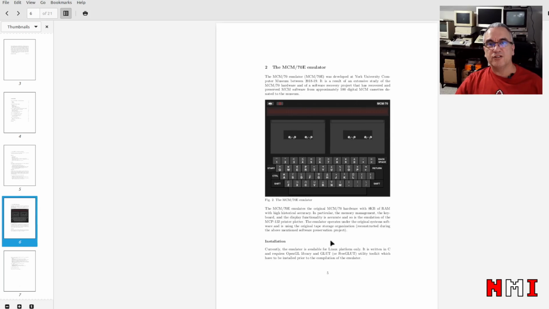In order for you to install or compile the emulator, you need the OpenGL and GLUT or freeGLUT libraries. Let me show you. Well, before we go there, let me show you something else. This is if you want to run the emulator and compile from source and run it locally, which is pretty cool, by the way.